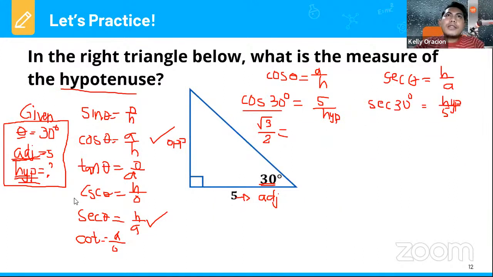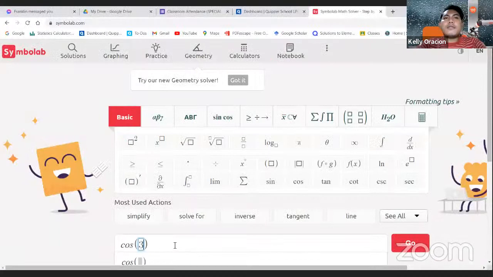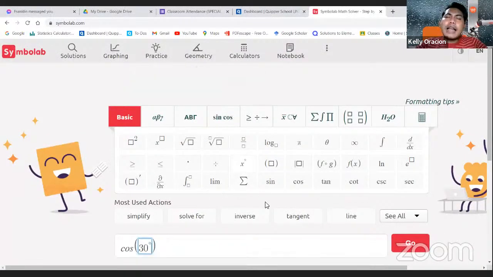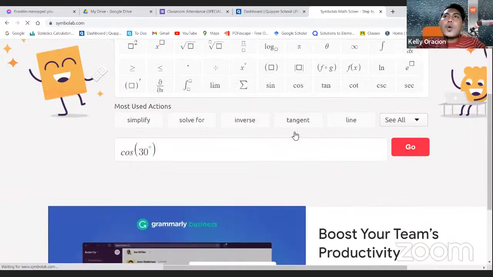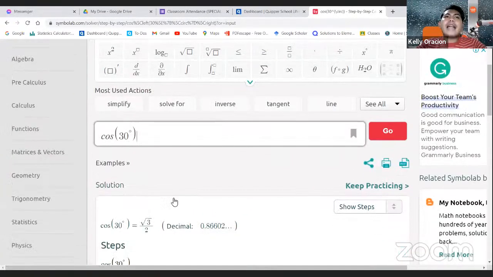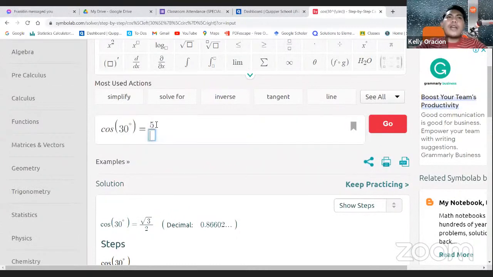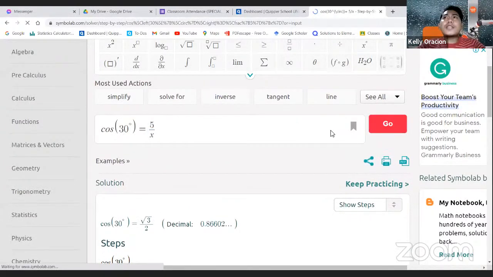Okay, so let me present to you. Cos 30 degrees. Do not forget to put degree. Cos 30 degrees. Then, go. The answer is square root of 3 over 2. Actually, you can have this one diretso, by the way. You have 5 over x. Diretso answer.